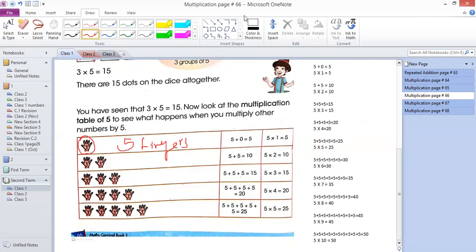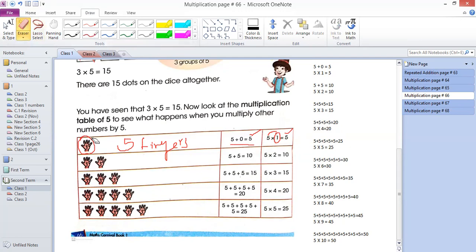How many fingers are there in one hand, guys? 5 fingers. 5, very good. So there is only one hand, that's why 5 plus 0. So total fingers are 5, or only one group or one hand. So multiply 5 by 1 and you will get 5.